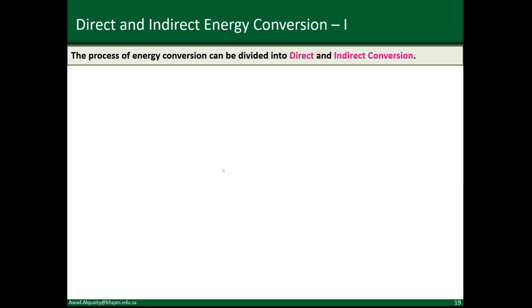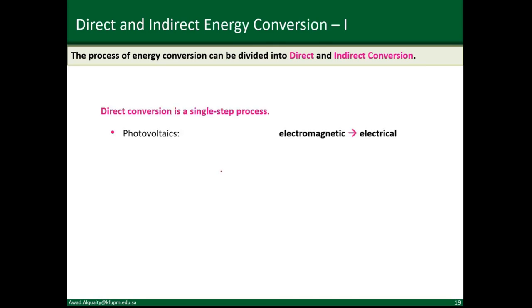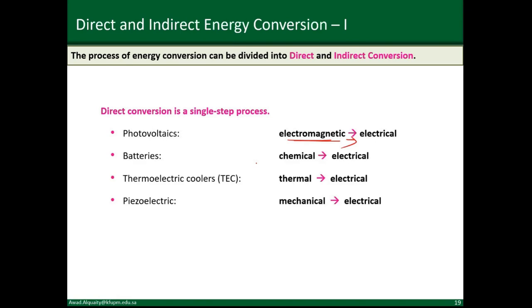Now, when we talk about the energy conversion itself, it can be divided into two major categories. It can be classified as direct conversion and indirect conversion, right? Depending on the kind of device that you have. Now, there are a lot of devices which can do direct conversion, such as photovoltaic or PV cells, which convert the electromagnetic radiation of the sun directly into electrical energy, right?